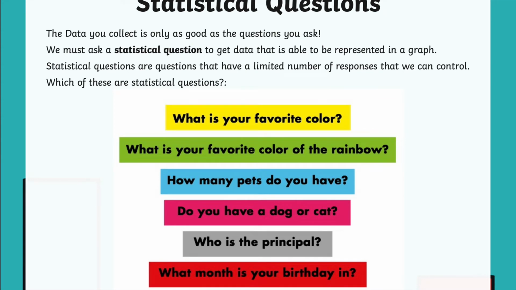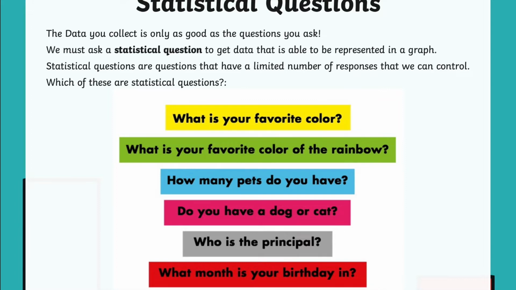To be able to create a graph like that, we need to ask the right questions. And the types of questions that we need to ask are called statistical questions. Now, statistical questions have a limited number of responses that we can control. That means I can't ask a question that has too many possible responses because I won't be able to fit that into a graph.